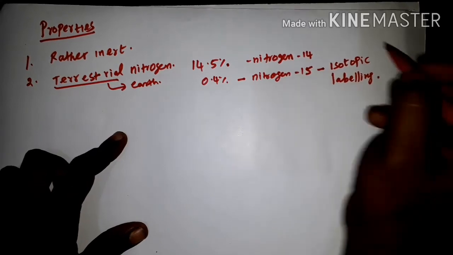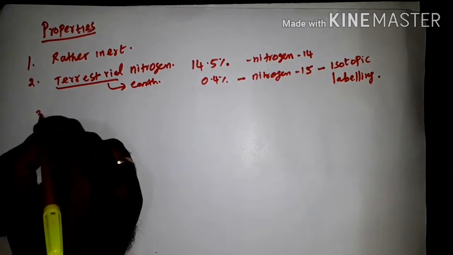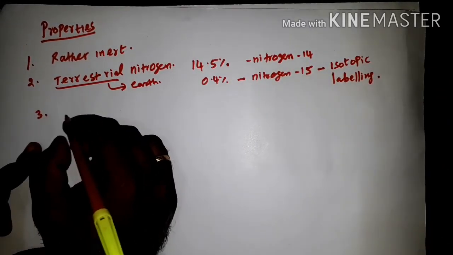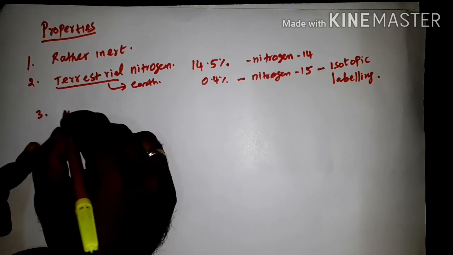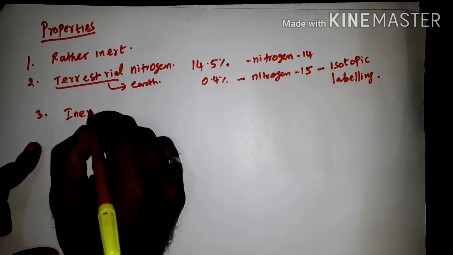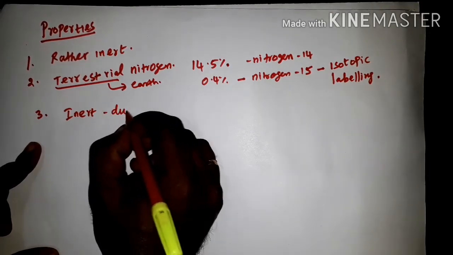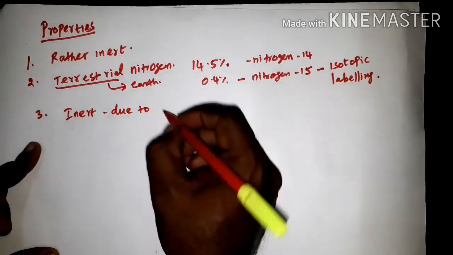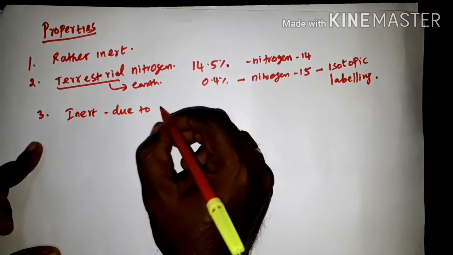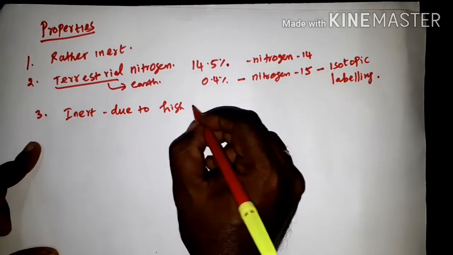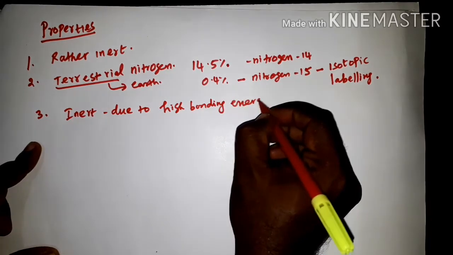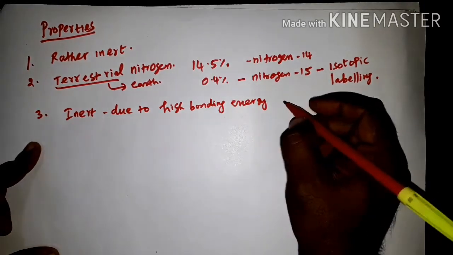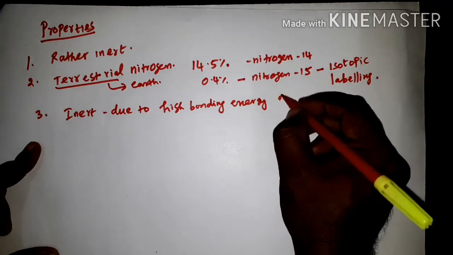Okay. Then third important property is the chemically inert character of nitrogen. So that inert character is due to the high bonding energy of the molecules.